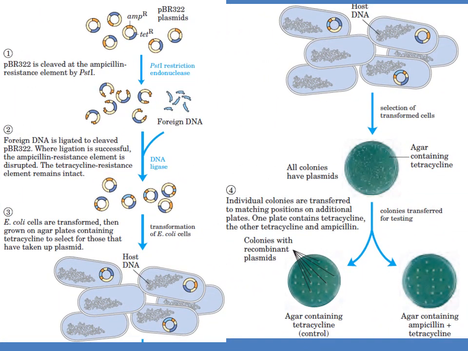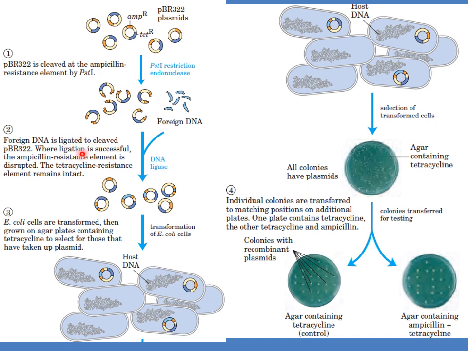So this is the picture showing how we select the colonies which contain only the recombinant DNA. So here we are using the plasmid pBR322. It has the ampicillin and tetracycline resistant genes, and it is cleaved at the ampicillin resistant element by the restriction endonuclease PstI, and at that portion the foreign DNAs are ligated with the help of DNA ligase.